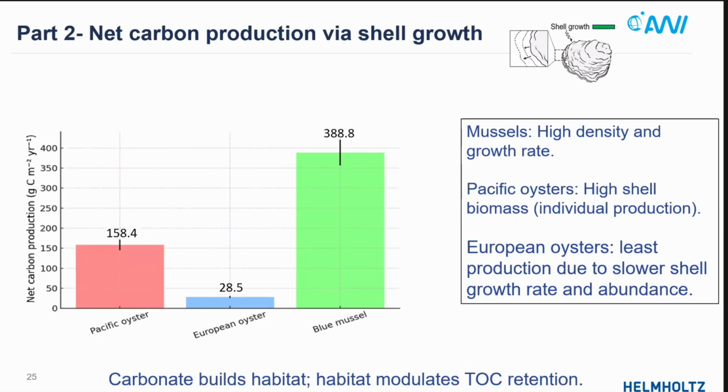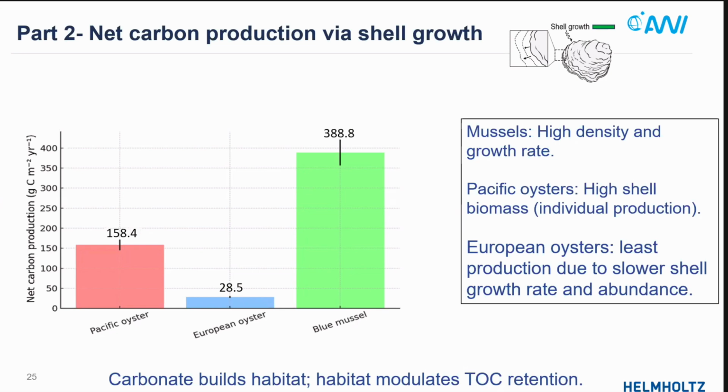For European oysters, we took 80 individuals per square meter, and for Pacific oysters, 300 individuals per square meter. Considering shell growth and how much calcium carbonate they gain per millimeter or per centimeter of shell growth, we see that they can annually release a substantial amount of carbon dioxide.